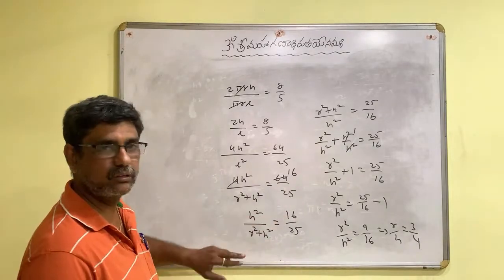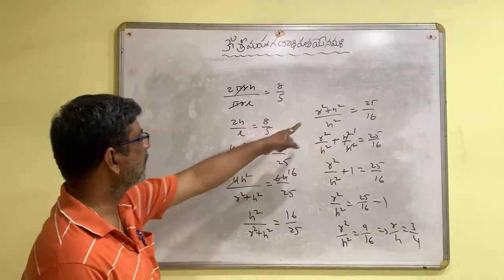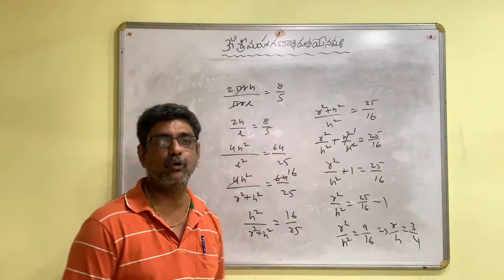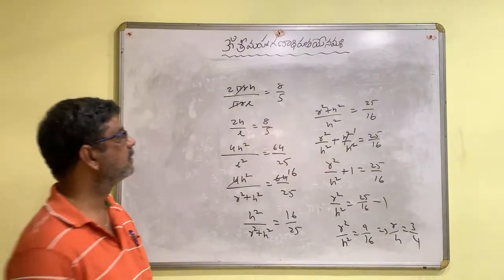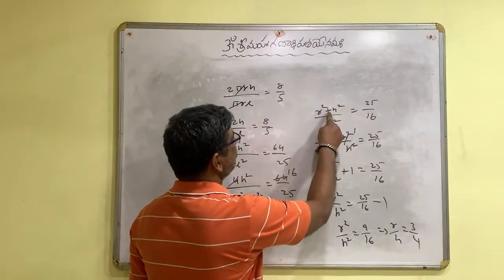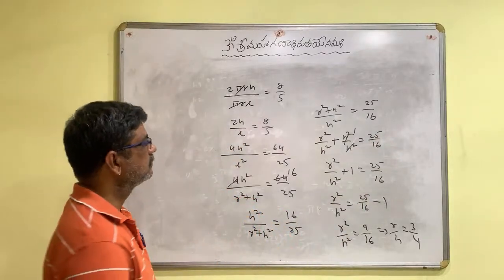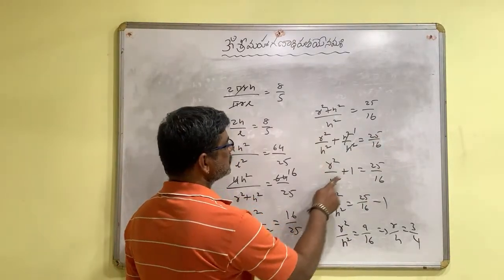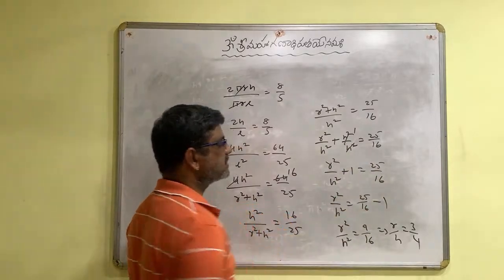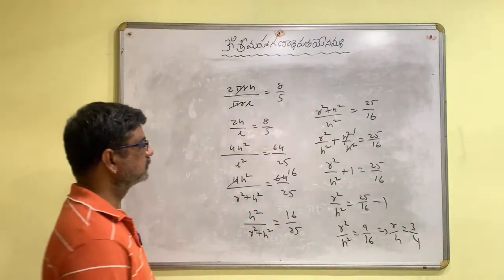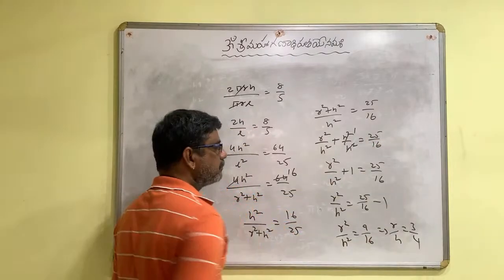Now reverse both. R square plus h square by h square is equal to 25/16. Now r square by h square plus h square by h square is 25/16. So r square by h square plus 1 is equal to 25/16. 1 will go to that side, it becomes -1.